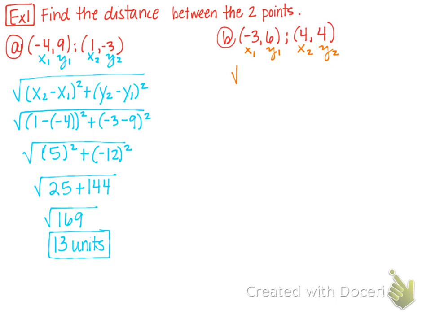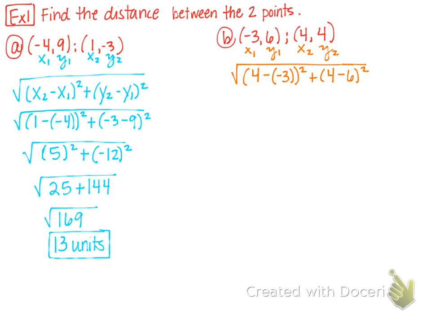We have big square root of x2, which is 4, minus x1, which is negative 3. So here, since we have a negative here, we've got to use parentheses. We've got the minus from the formula, and then the negative of our 3. So plus, then y2, which is 4, minus y1, which is 6. And we're going to square that.